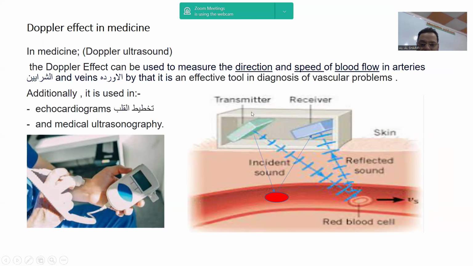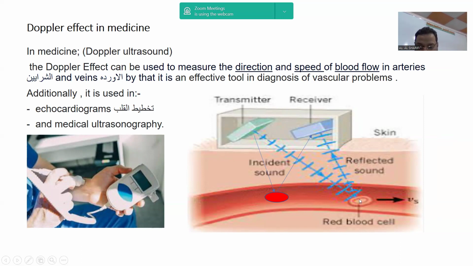Let's take a simple look at this image. Here, I have two arrows. The first one is the incident sound wave and the reflected sound wave. The first one is the incident wave at the specific blood flow, the blood cell. After that, we have the reflected sound wave. We take it to the receiver part.